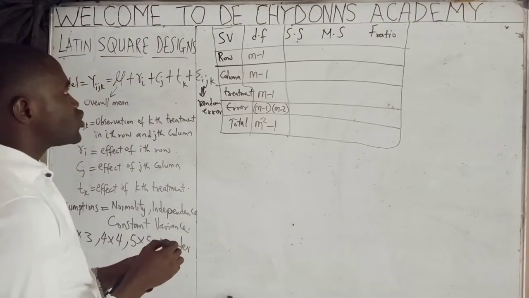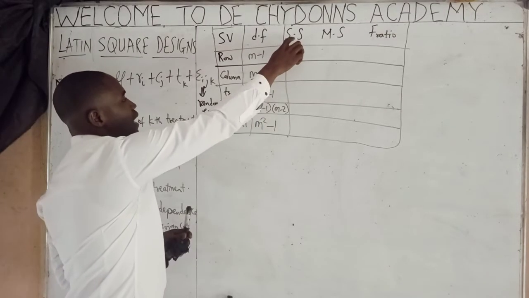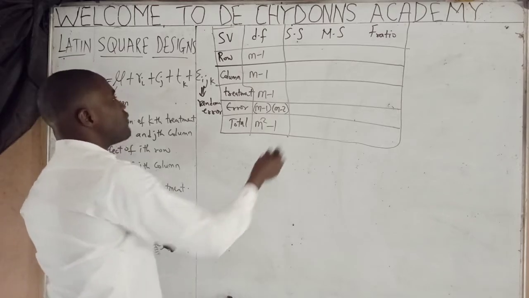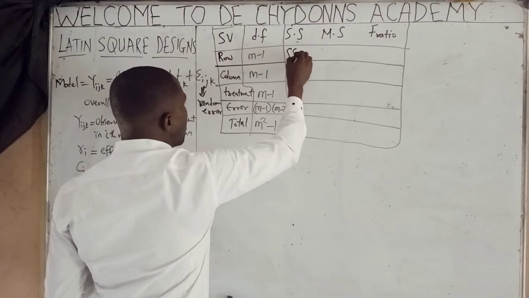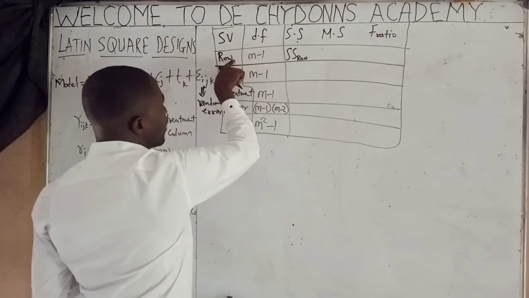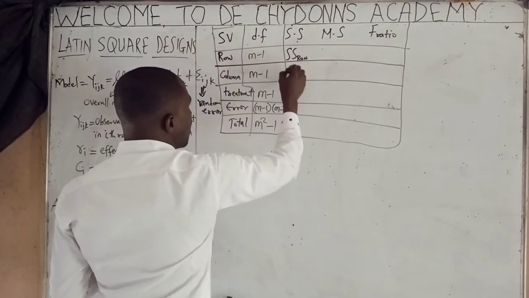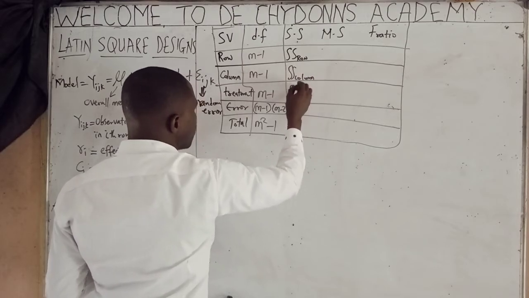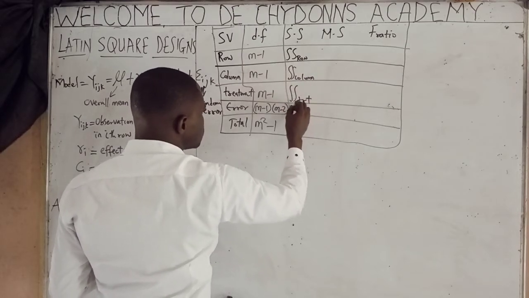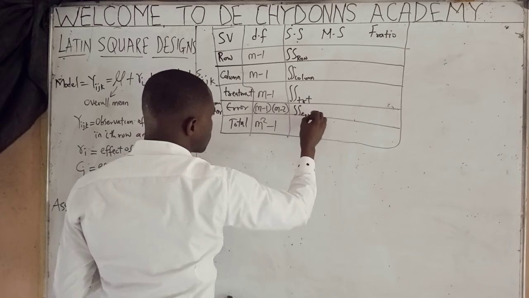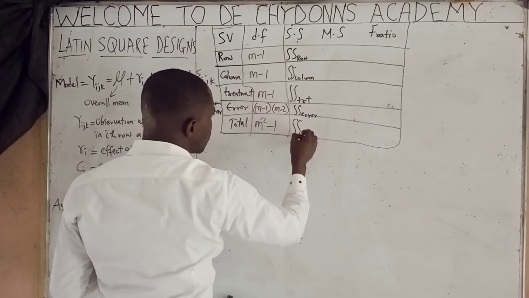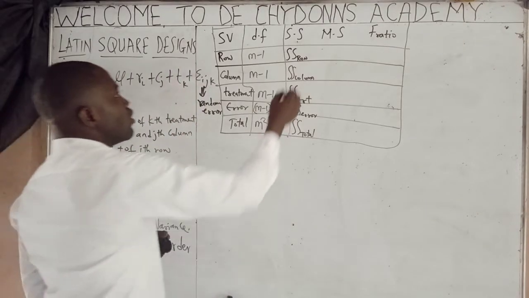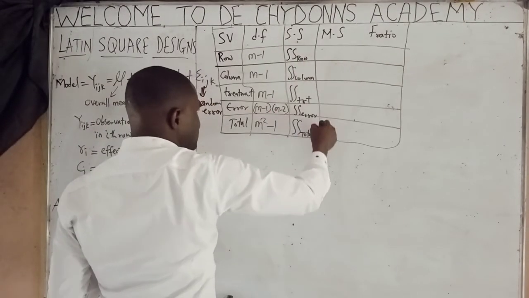Then what about sum of squares? SS means sum of squares. So what we have on it is sum of square row, because we are talking about row, sum of square column, sum of square treatment, sum of square error, and sum of square total. Then what of MS?